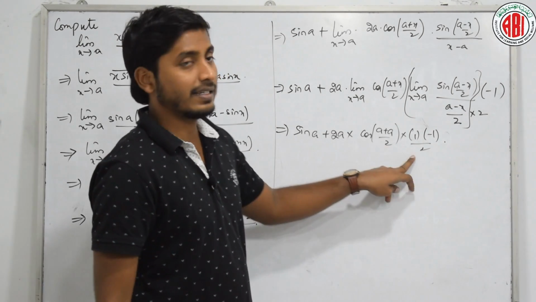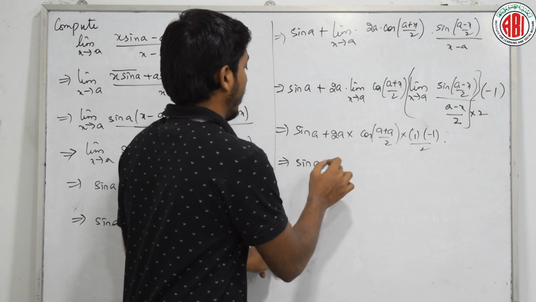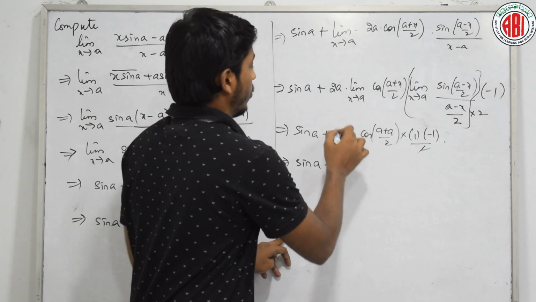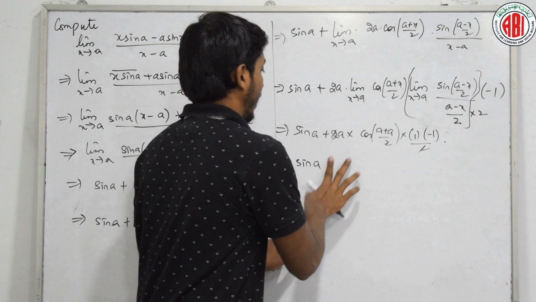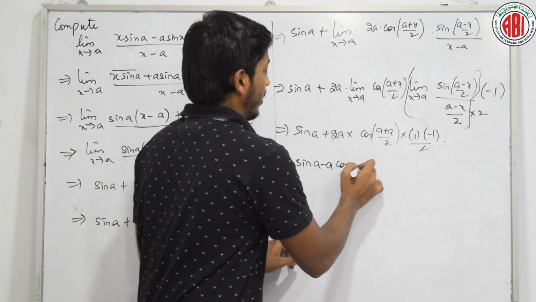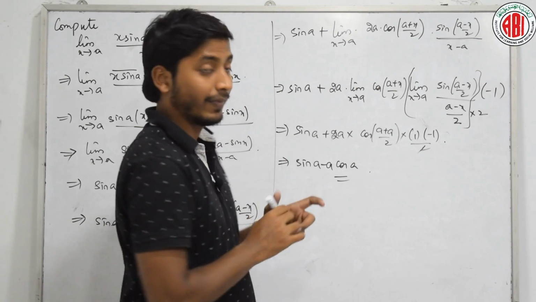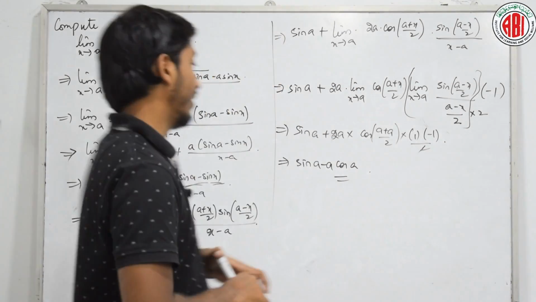Is it right? Did you understand? Now let us substitute everything. This will be sin a plus, here 2 got cancelled, here minus a cos(2a by 2) is cos a. Is it clear? Isn't it easy? Once again, let me tell you everything clearly.